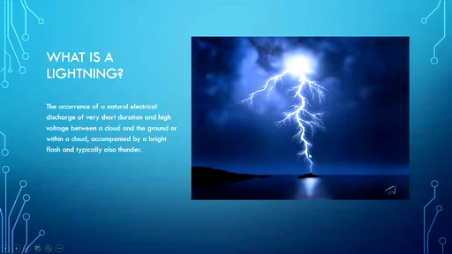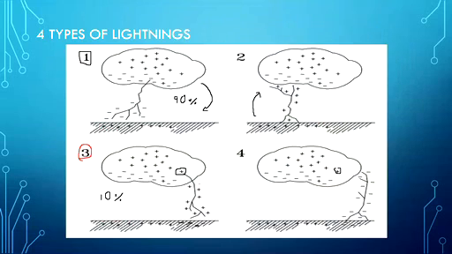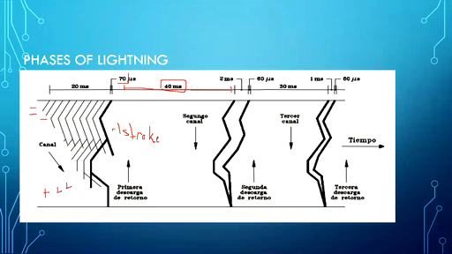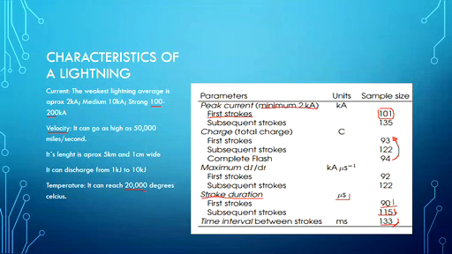We can determine that if there is an object pretty high with a lower resistance on the ground level, it's most likely that it's going to strike that object. But actually, the activity of lightning is random, so we don't actually know what's going to happen. So when there's a storm, that's why people recommend not to be outside, because no one knows where the lightning is going to strike.